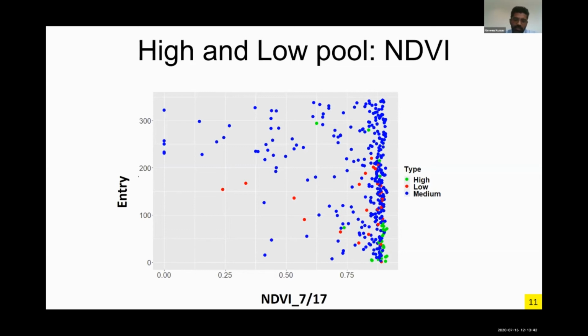You can see that around 0.75, reaching to 1, there are more green dots, which represent the entries we selected for the high pool. And similarly, the opposite, the red dots represent the entries which fall under the low pool.